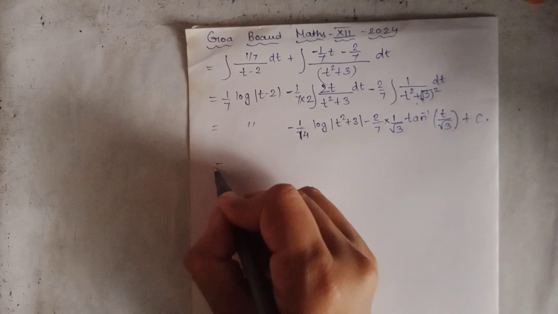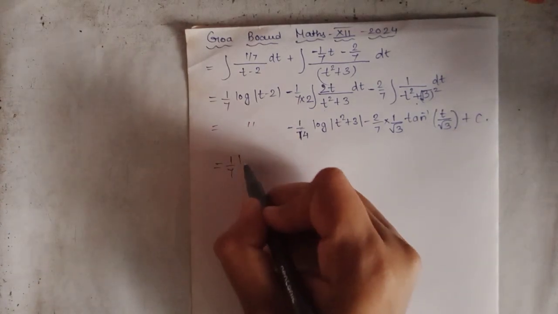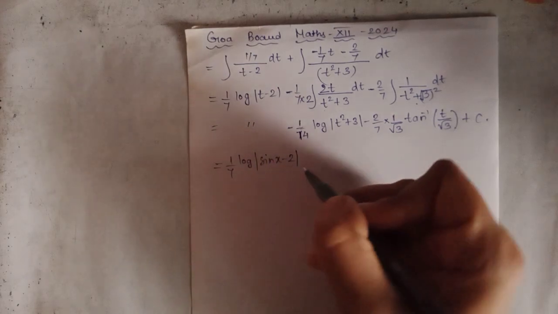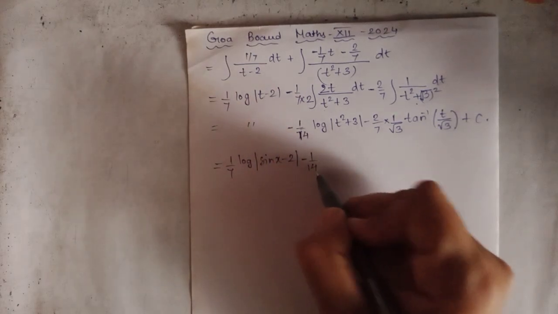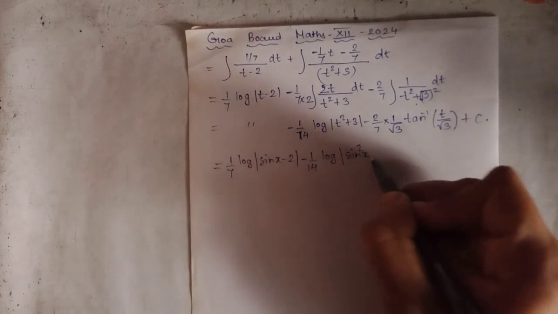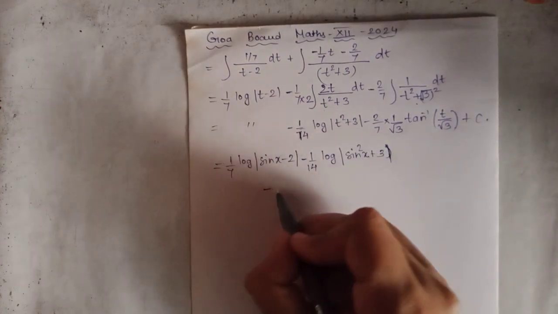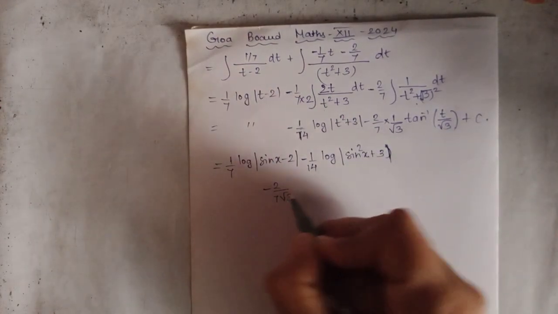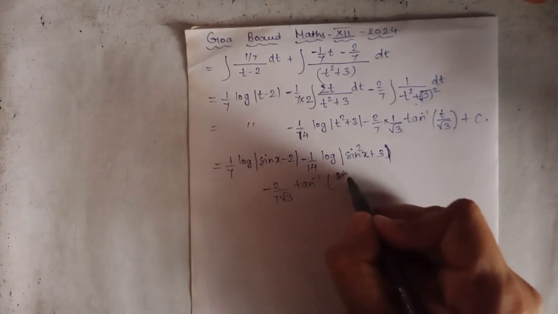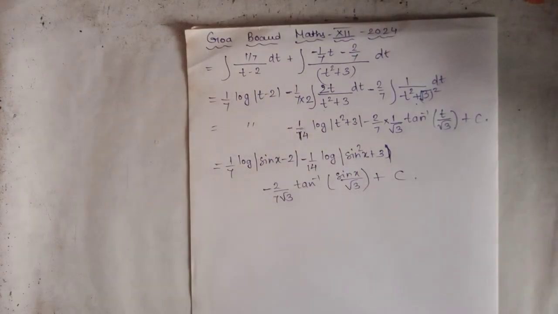Now substituting t as sin x, you get 1 upon 7 log |sin x minus 2| minus 1 by 14 log (sin square x plus 3), then minus 2 upon 7 root 3 tan inverse (sin x upon root 3) plus c.